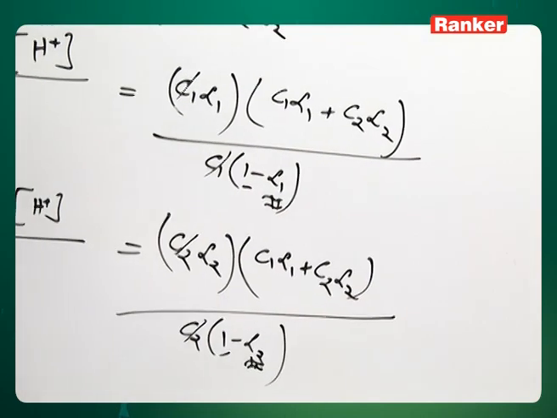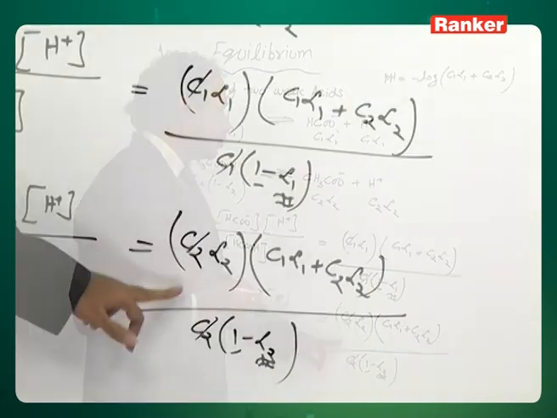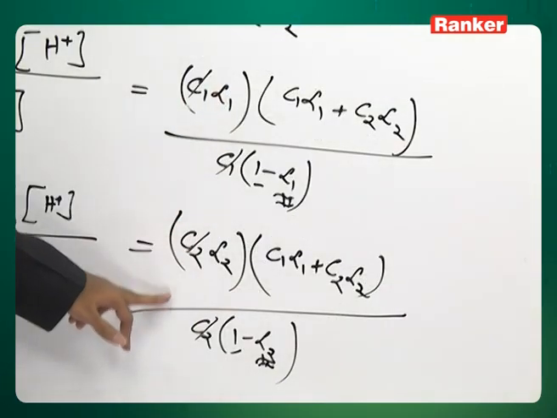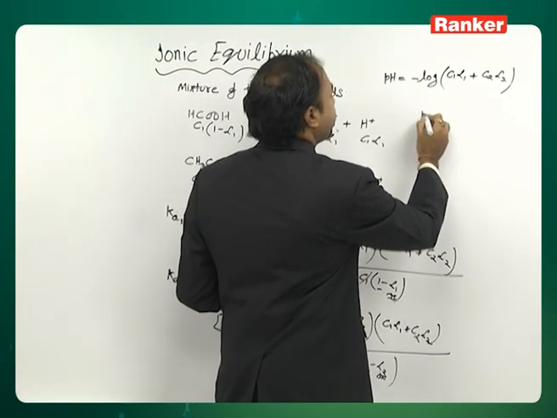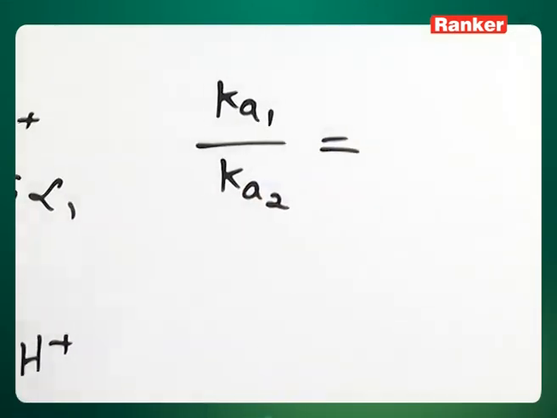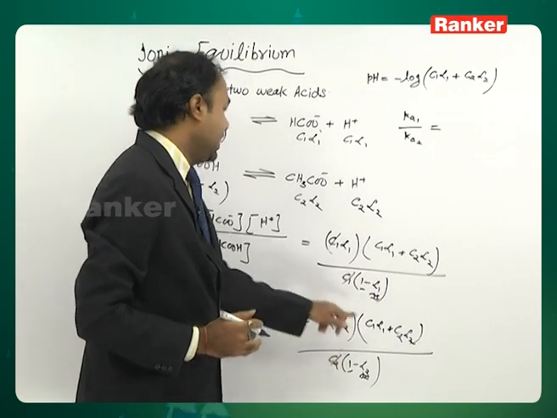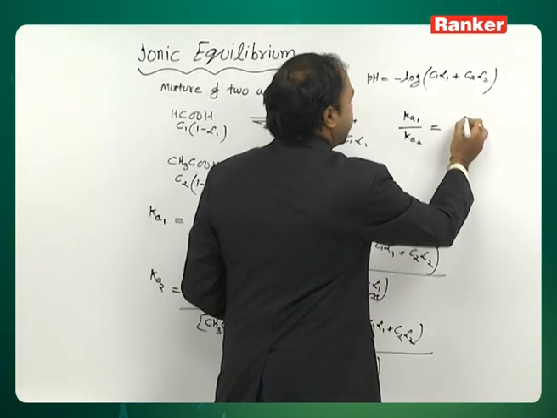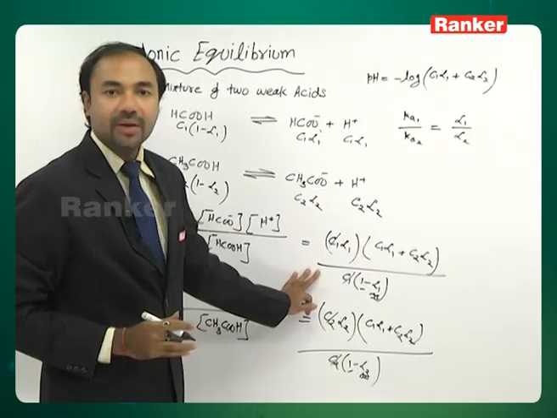in this manner. And now if you simply divide these two equations, we will get Ka1 by Ka2 equal to, once we divide them they will get cancelled, Ka1 by Ka2 equal to alpha 1 by alpha 2. Right or not? Clear?